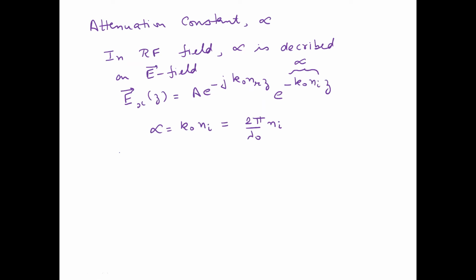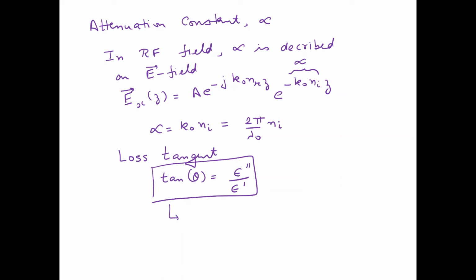There's also a term called loss tangent, and this is typically only used in the RF field. Loss tangent is defined as some angle, tan θ, which is given by ε double prime divided by ε.